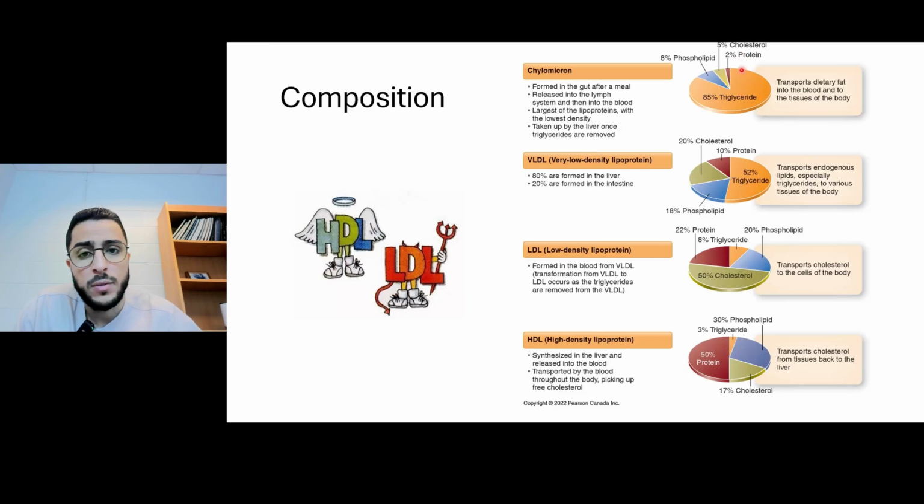Same thing with the kilomicrons. They will go to the liver, but they will also go to the muscle and to the adipose tissue. The VLDL, as it's traveling, the triacylglycerides found in them will also be metabolized. And by being metabolized, they will become something called a low-density lipoprotein.